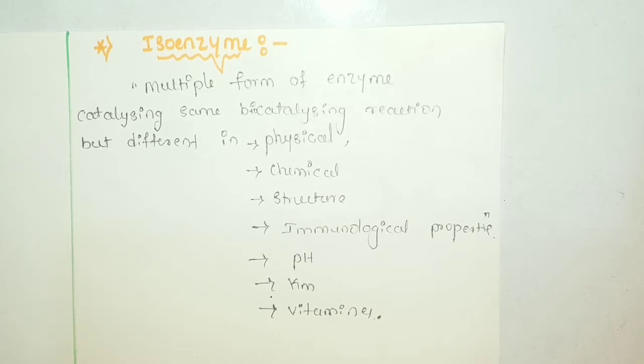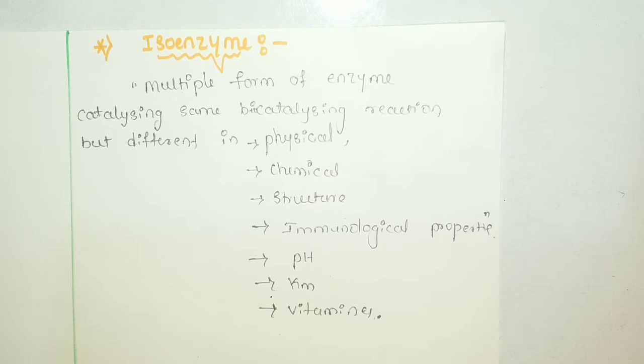To understand isoenzymes, let us take one common example. When you visit a sweet shop, that is a bakery, many varieties of sweets are available. All the varieties of sweets give a sweet taste but have different names.